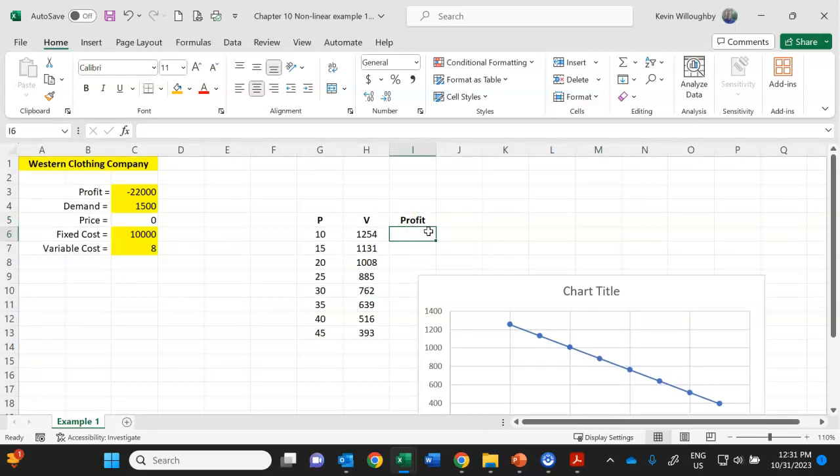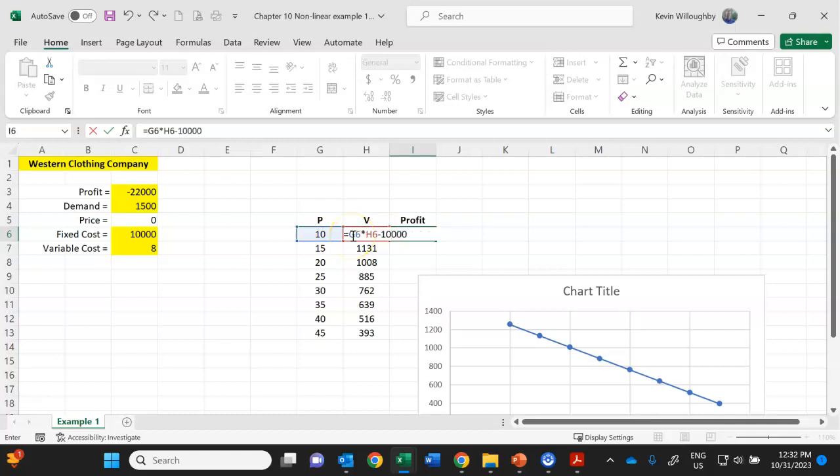So our price equation here is going to be our total revenue is price times our volume minus our total cost, which is $10,000, minus our variable cost, $8, times the value in cell H6.